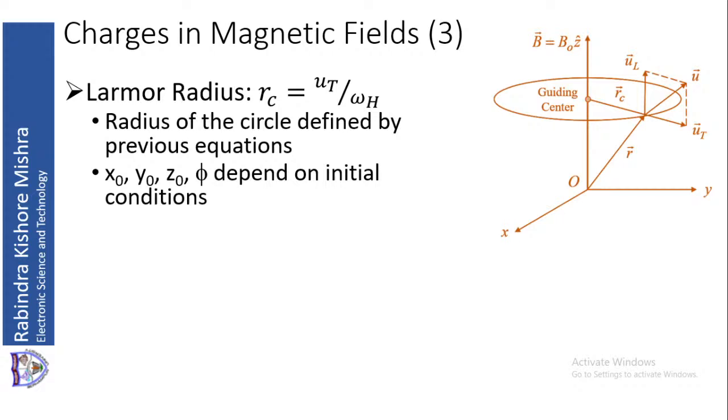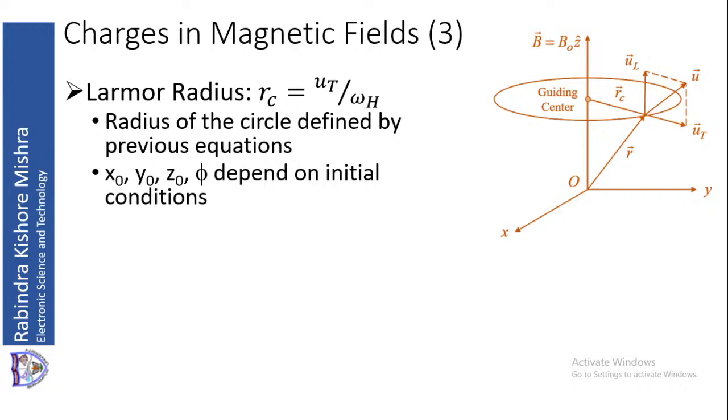These are the constants of integration, and x0 and y0 are at the center of this circle. The Larmor circle radius is rc, ut by omega h, and the center of the circle is at x0, y0.